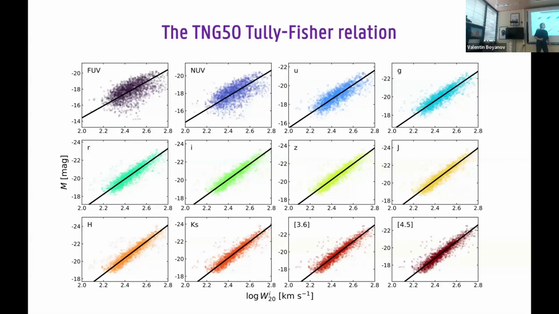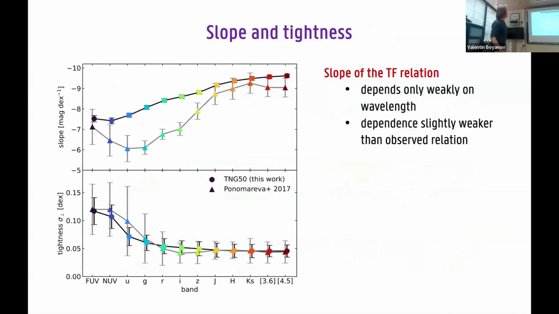It's much tighter. If you also look at the slope, which you cannot really see on this graph, but if you quantify that, it also becomes steeper. So this is the slope that we find. This is the slope from some study that did a similar approach on observed galaxies.